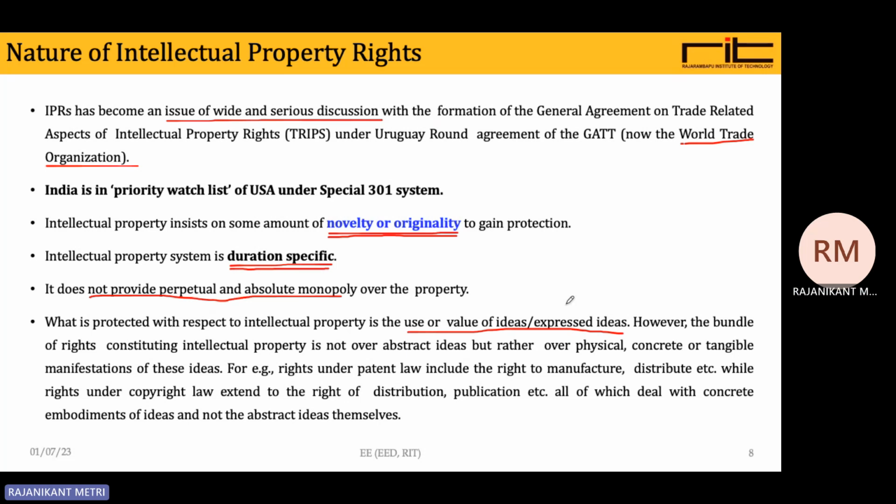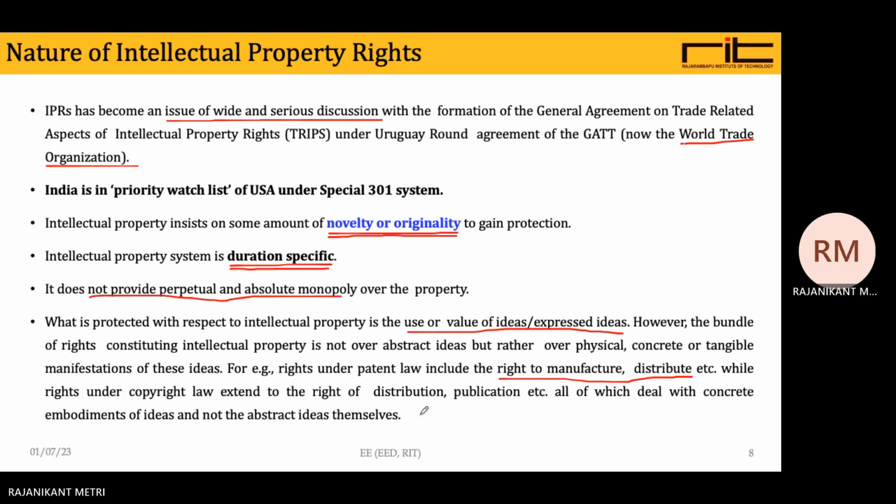That is nothing but the protection of the IP. However, the bundle of rights constituting intellectual property is not over abstract ideas but rather over physical or concrete or tangible manifestations of these ideas. For example, rights under patent law include the right to manufacture or distribute, while rights under copyright law extend to the right of distribution, publication, etc., all of which deal with concrete embodiments of ideas and not the abstract ideas themselves.